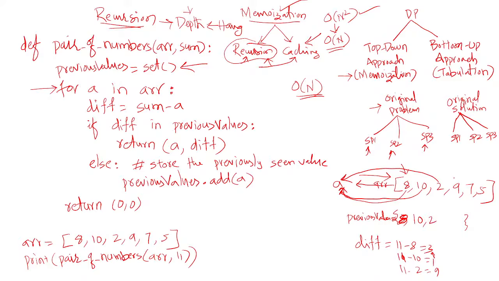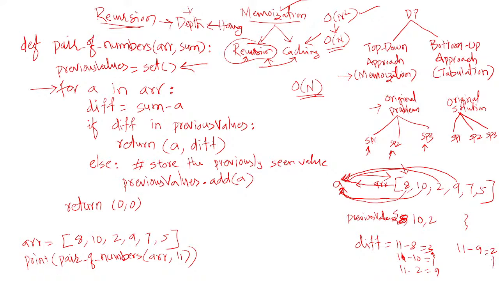Like this it gets the next number a. What is the next number here? 9 it gets. So a gets the value 9, and the difference is 11 minus 9, which is equal to 2. Then it checks if the difference is in previous_values.